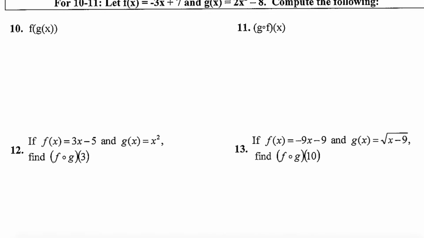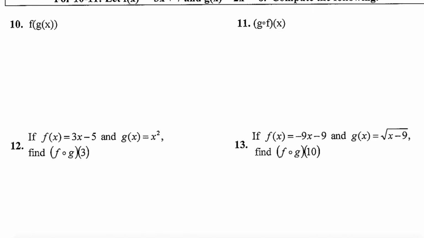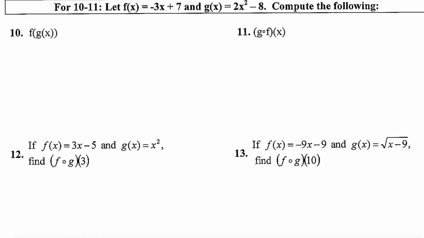Let's go down to number 11. Let g of f of x. And again, that's the same way as writing it like this. And we're just going to go to the middle. And what are we replacing here? Well, f of x.